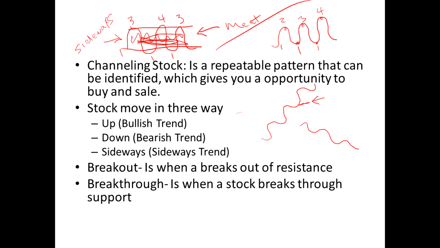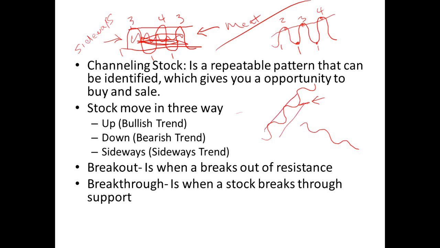As you can see, it hit 1, and then 2, and then 1, and then this is your resistance. It broke out of resistance and goes up to 3. And then it hits support again, 1, and then it breaks out, and then it goes on to 4. Now it's considered an uptrend stock.